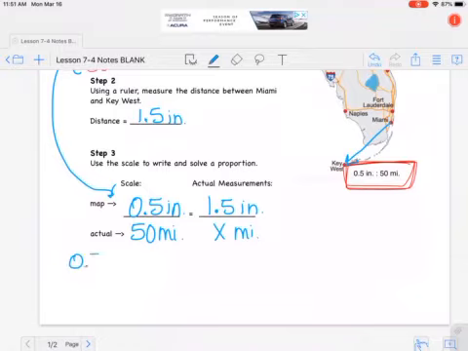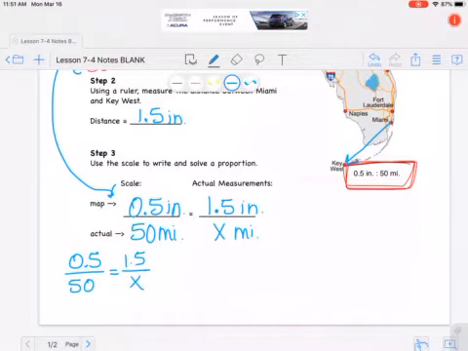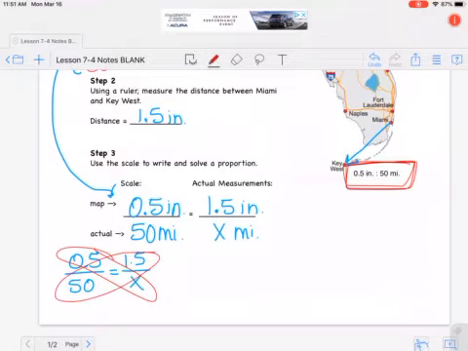Okay, so from here we are going to use cross multiplication to solve and simplify. So I'm going to go ahead and rewrite this as 0.5 over 50 is equal to 1.5 over X. Just like we learned before, we are going to cross multiply. So this is going to be 0.5 times X is equal to 50 times 1.5.